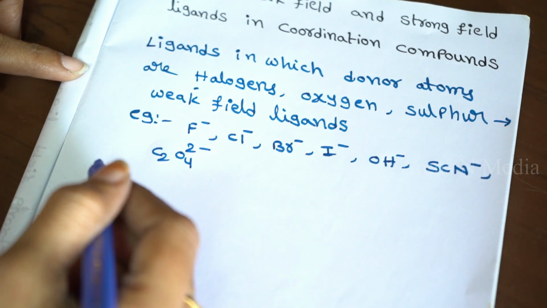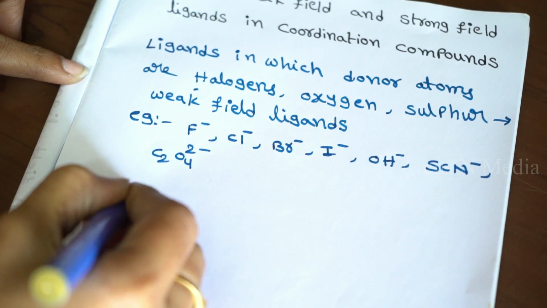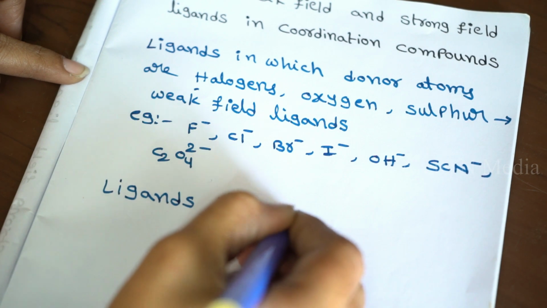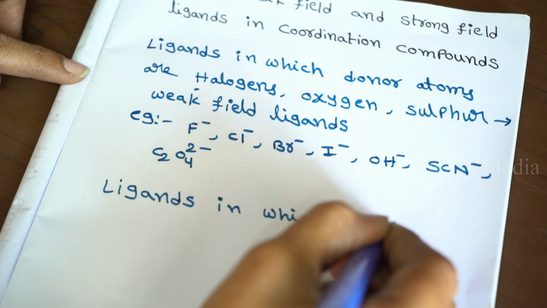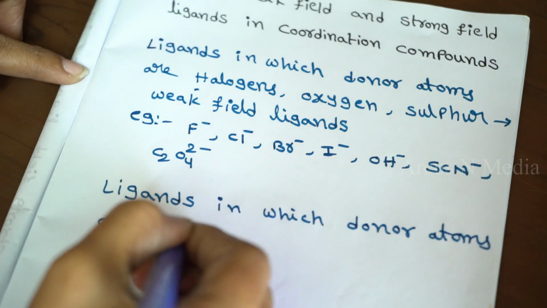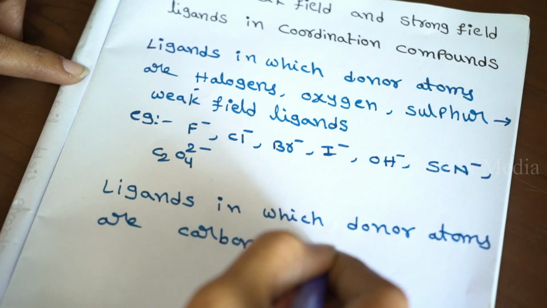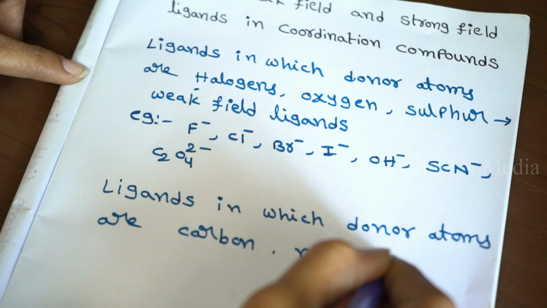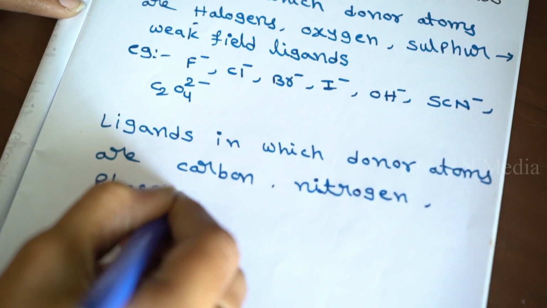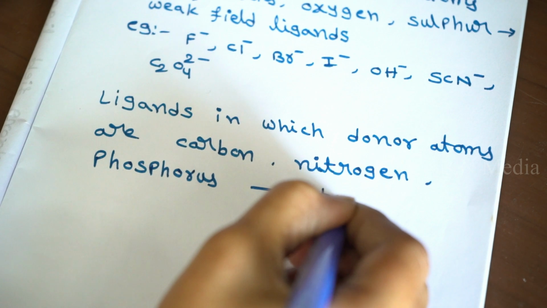Okay. Further, which will act as the strong field ligands? Ligands in which the donor atoms are carbon, nitrogen, phosphorus are called strong field ligands.